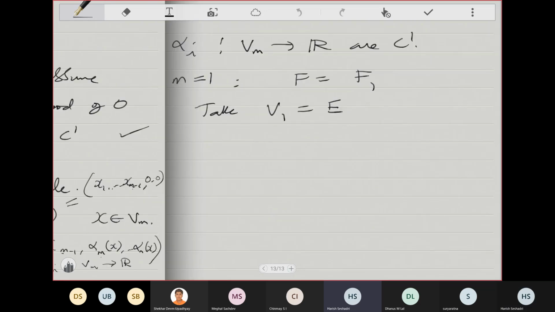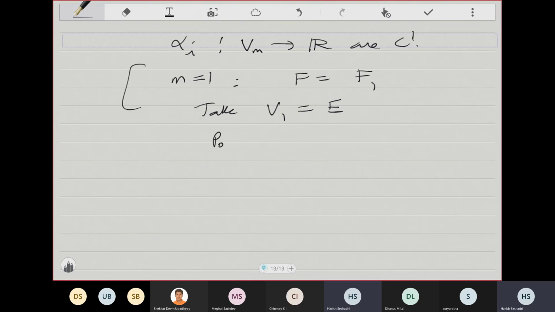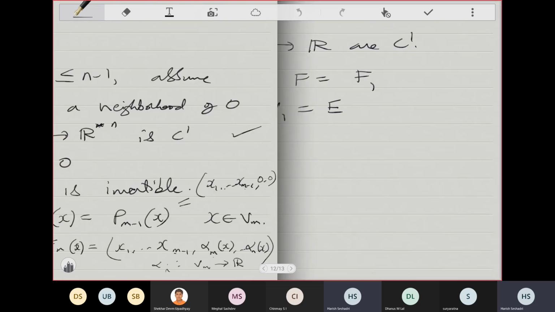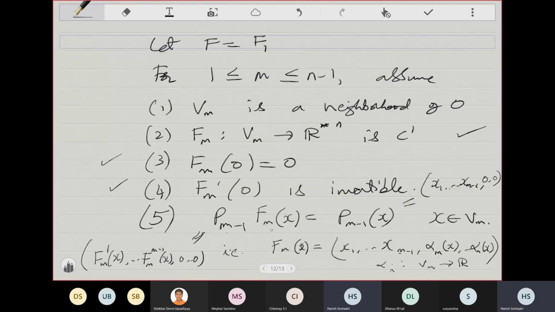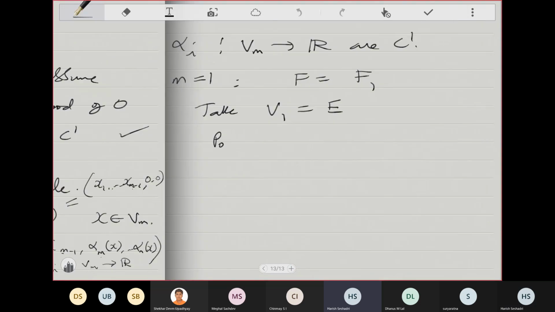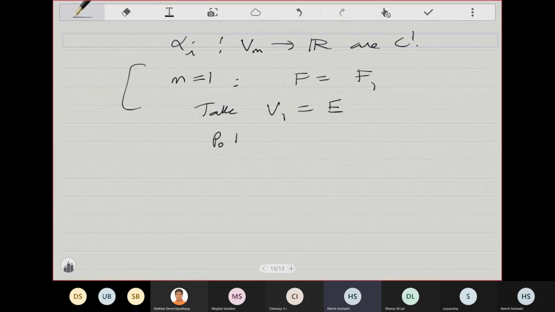Well, P_{m-1} would be P0, so this is 0. Is this true? It's trivially true, because P0 x is supposed to be 0 for all x. So it's satisfied in a very trivial way.